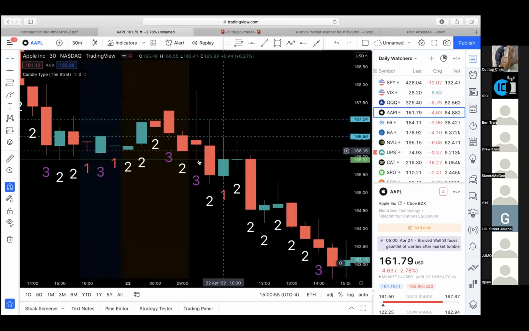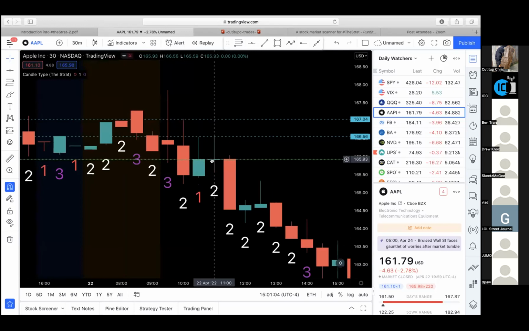The 15 is going to trigger the 30. So right here, 11 o'clock, boom, new hour. If we're watching the 15, we already know how this is playing out. And then that 15 had the actionable signal 3-1-2, and that triggers the next 30-minute candle to go 2 down here.